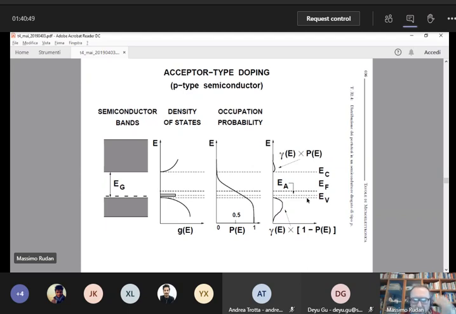If we have the stronger condition that EF is above EA by at least 1 kT, we can also have the condition of complete ionization. That means that all acceptor atoms have captured 1 electron, so they are 100% ionized. That means that the concentration of the ionized acceptors is equal to the concentration of the acceptors.